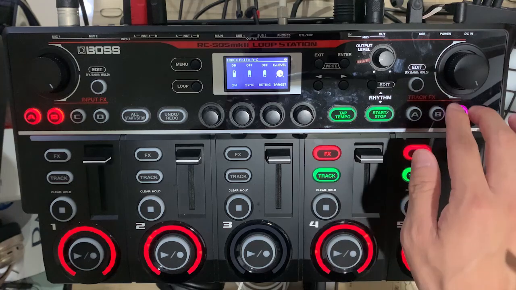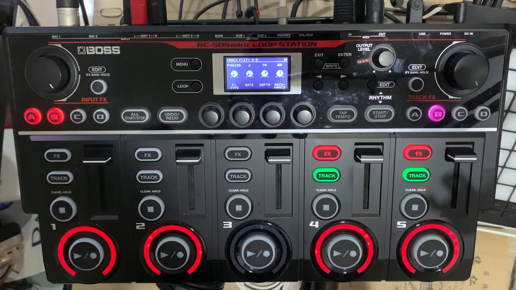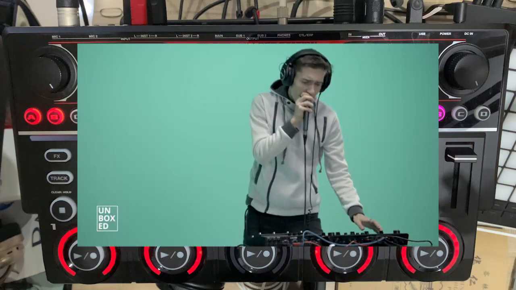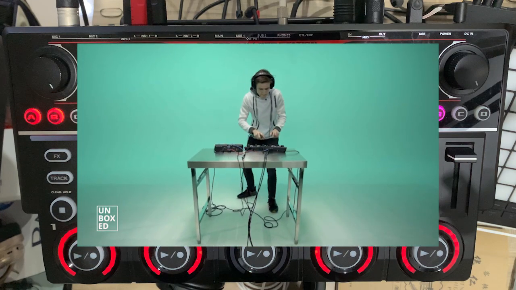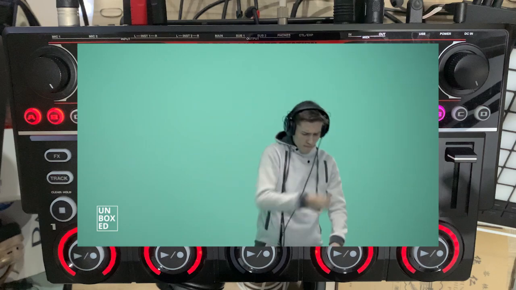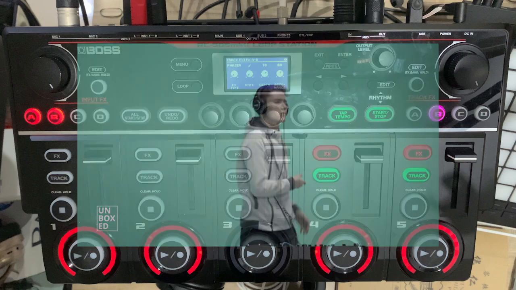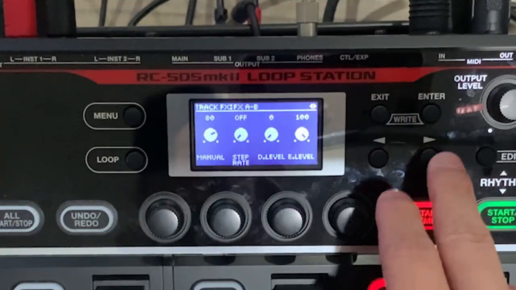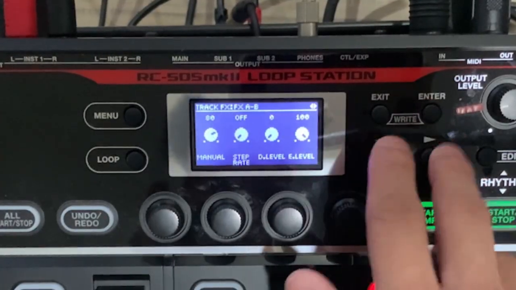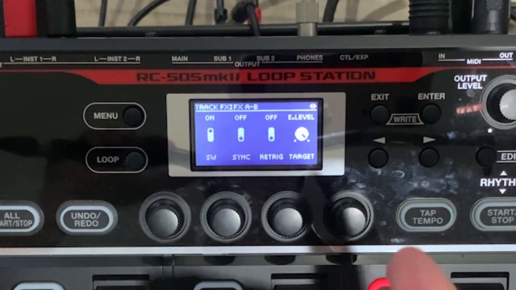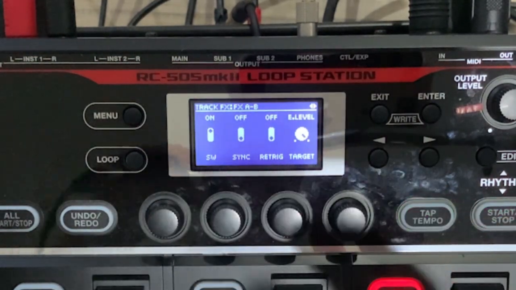For the E level, there's a really good example, which is a track by Syjo called Falling Down. Basically he plays around with the E level to make the phaser sound with a certain pattern.